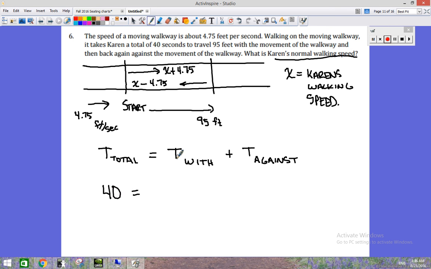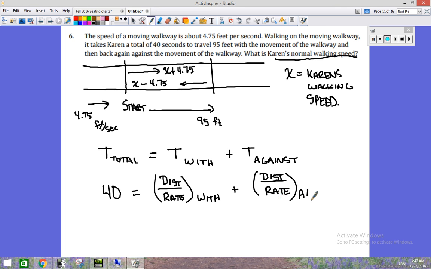And we know our relationship is that time is equal to distance divided by rate. So the distance divided by the rate for the part of the trip when she's walking with the walkway, plus the distance divided by the rate when she's walking against the walkway.